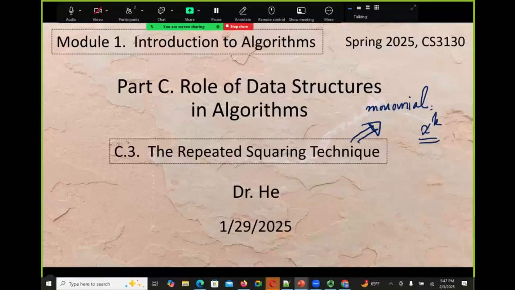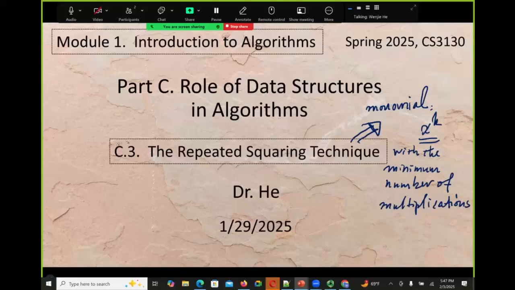So here we want to do this: how to use the minimum number of multiplications to calculate the monomial. Do you have an idea?